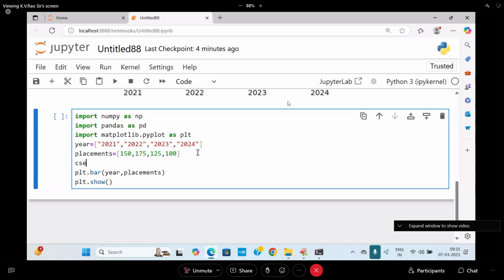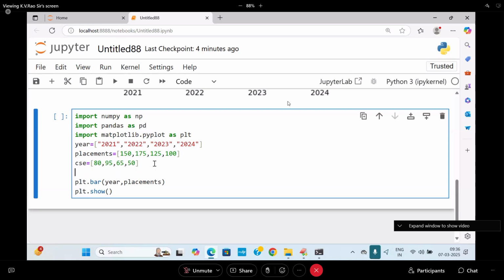In that CSC placements, I'm going to write something like 80, 95, 65 and 50. This is the CSC data you have. Then how do you write it? In this case, the CSC part is written. At the same time, I'm going to write one more branch: the IT branch.